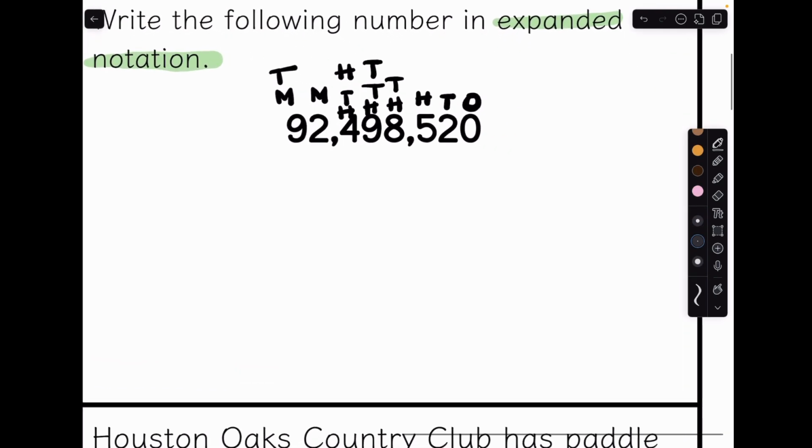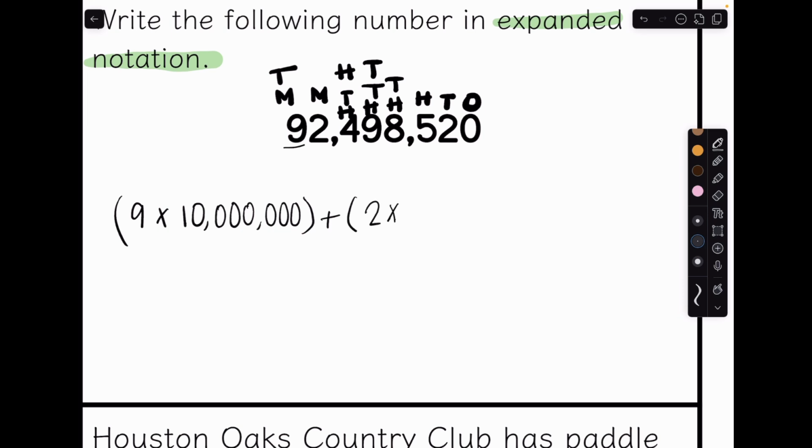We look at our greatest value, which is 10 million, right? How many 10 millions do we have? 9. So 9 times 10 million. Okay, first step. Plus 2 times 1 million.